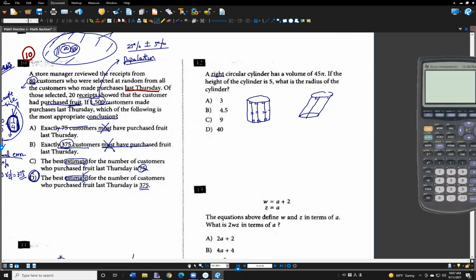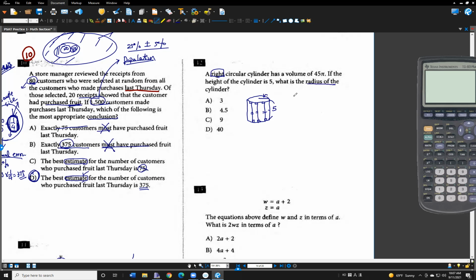But this still has the same height, same length, but the angle is not a right angle, so this is not right. Okay, this is right. All right, so this is the height over here. Height is 5. What is the radius?